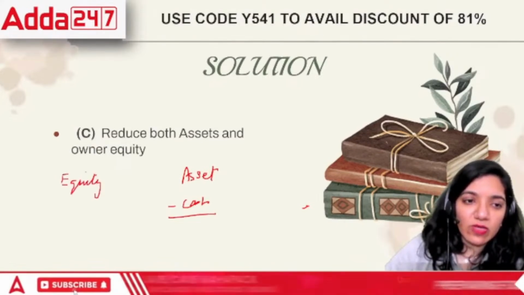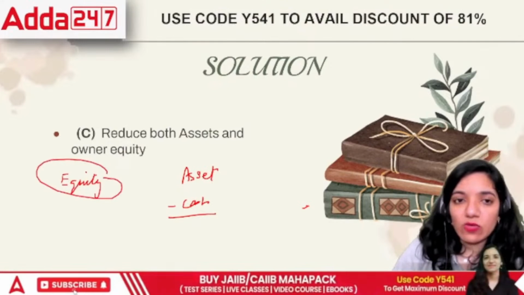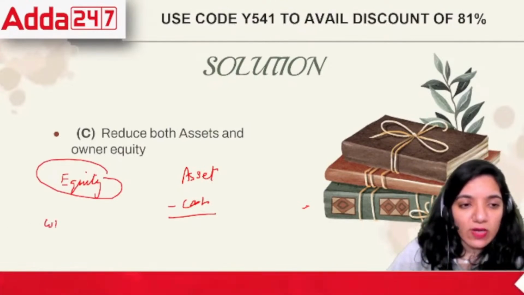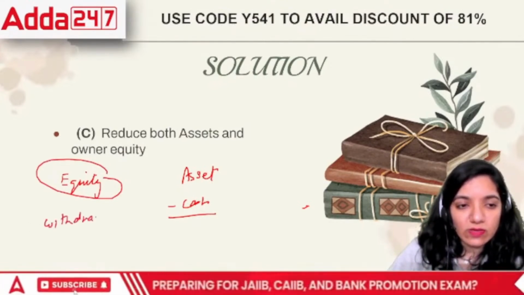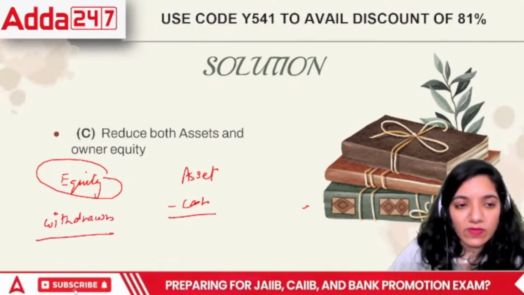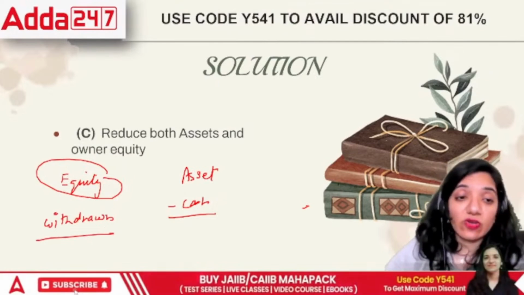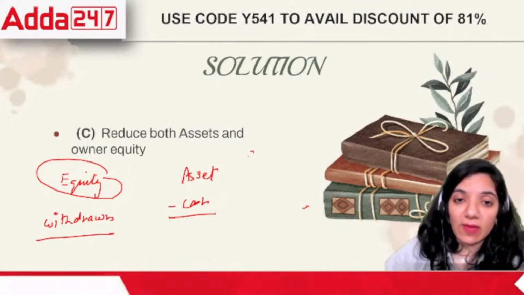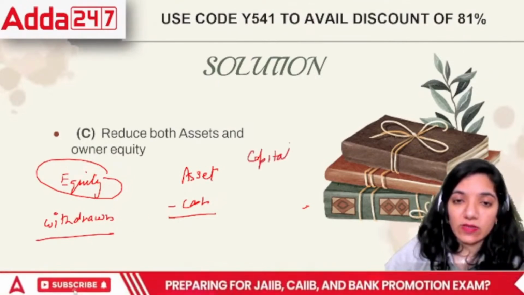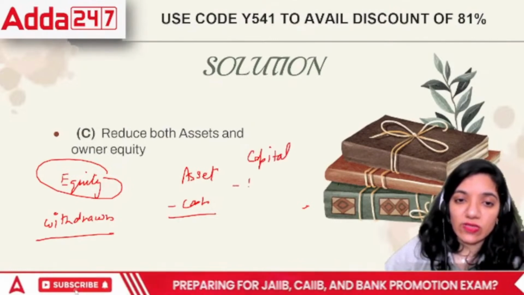In terms of equity, what is happening? In terms of equity, the withdrawn amount would be shown there, right? That is equity for us. So this withdrawn amount would be taken away from the capital. Capital minus drawings.